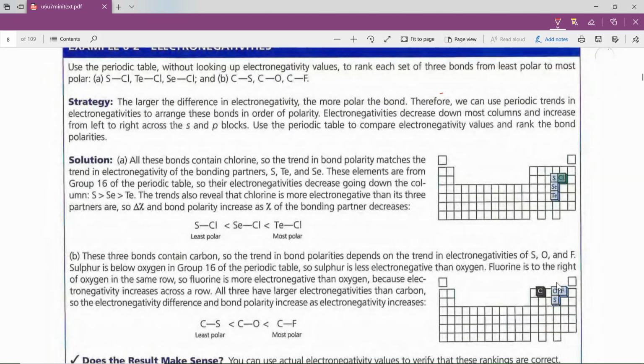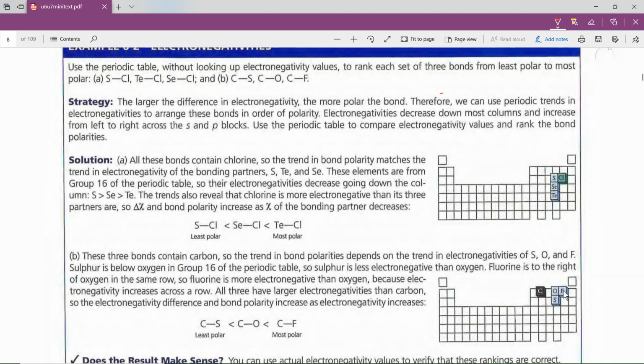Least polar, really? Let's see. Fluorine's the most polar. I agree on that, because that's the greatest distance from C to F. Then oxygen is the next highest polarity, so CO would be a least polar.